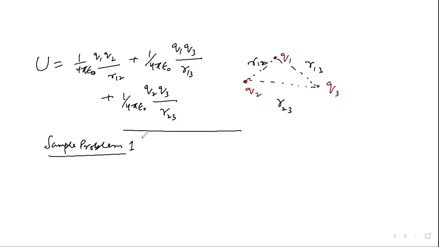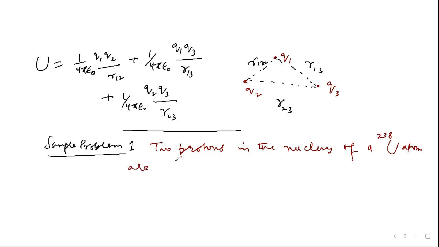The problem says: two protons in the nucleus of a uranium U-238 atom are 6 femtometer, or Fermi, apart.